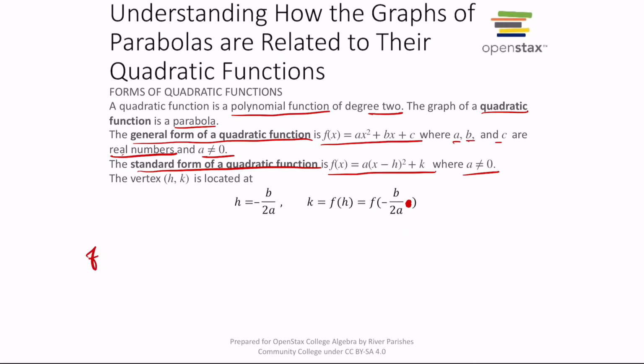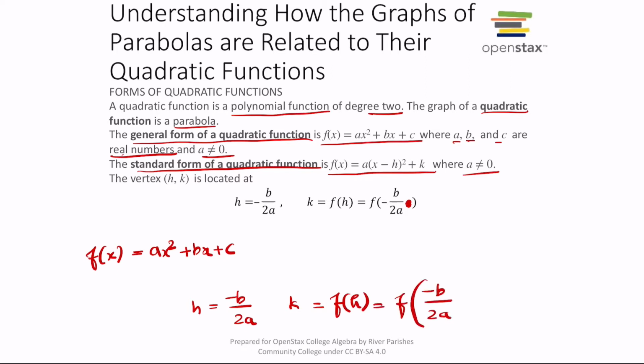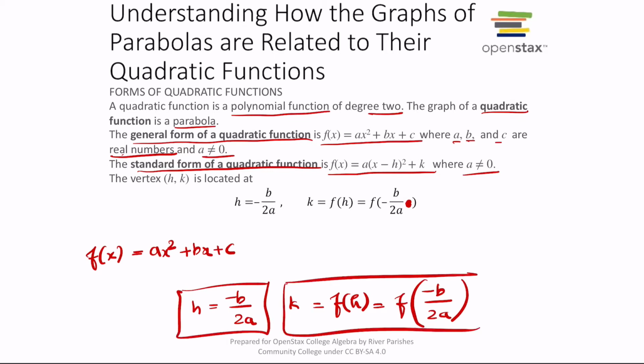For example, let's say I have f of x equals ax squared plus bx plus c. From this, how do I find (h, k)? h is given by the formula minus b by 2a. k is given by f of h, which is basically f of minus b by 2a. This is how we can find (h, k) from the general form of the quadratic function.